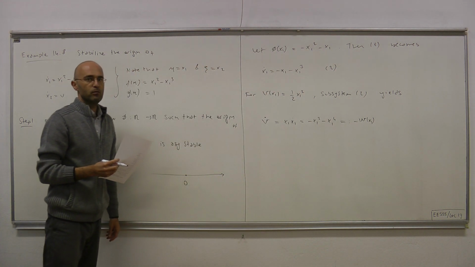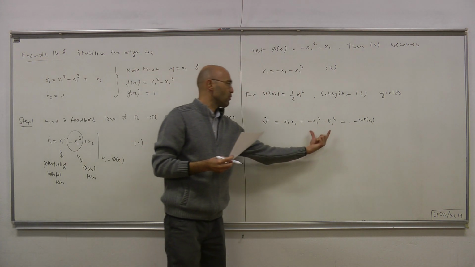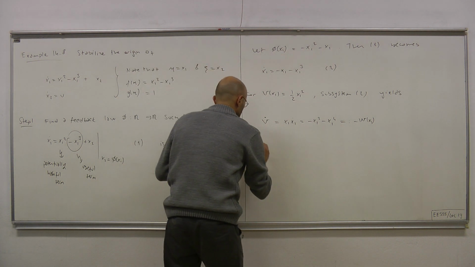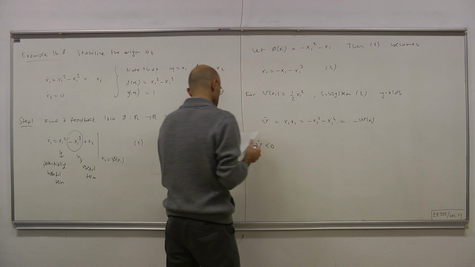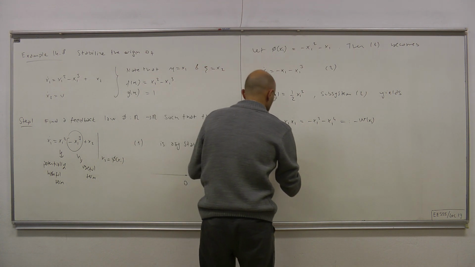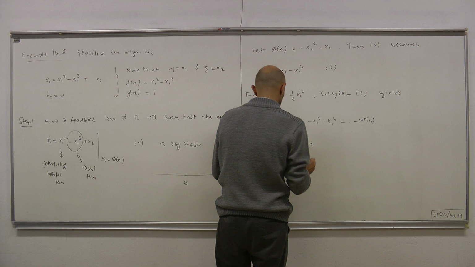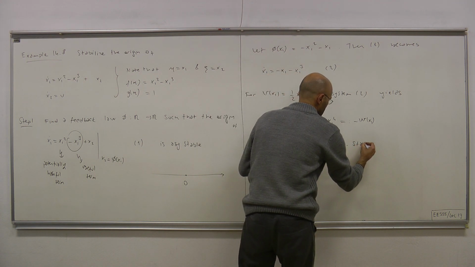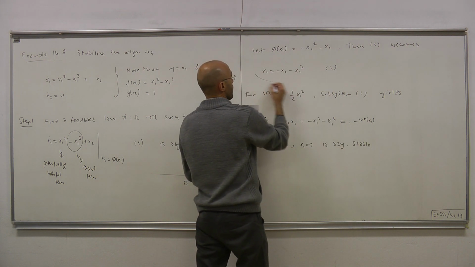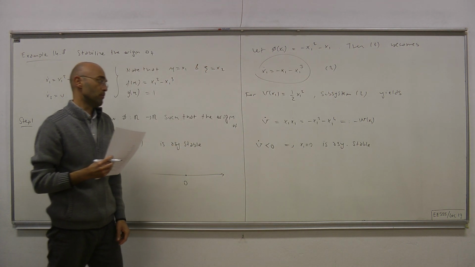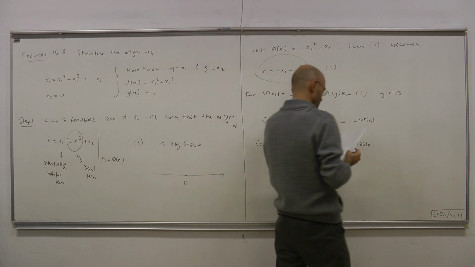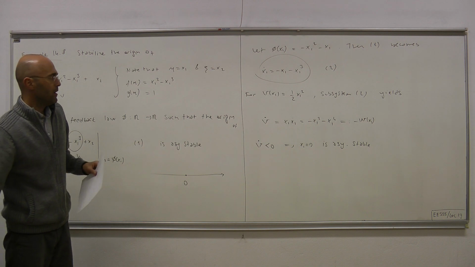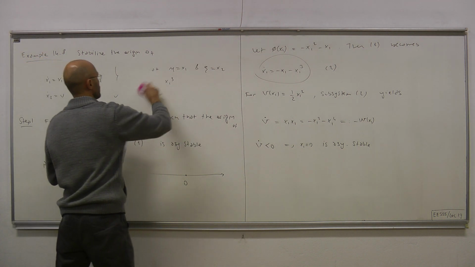So clearly W of x1 is positive definite, therefore minus W of x1 is negative definite. V dot is negative definite, therefore x1 equals 0 is asymptotically stable for the subsystem 2. Okay, now we can start our backstepping procedure.